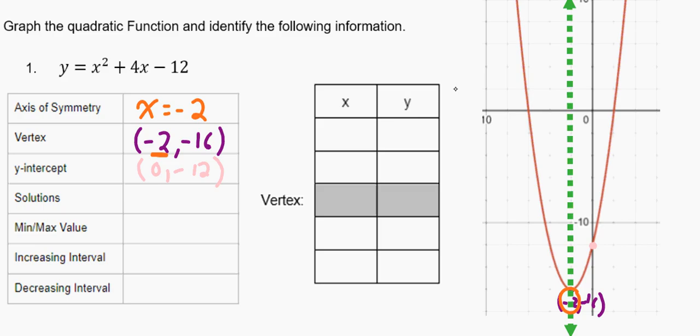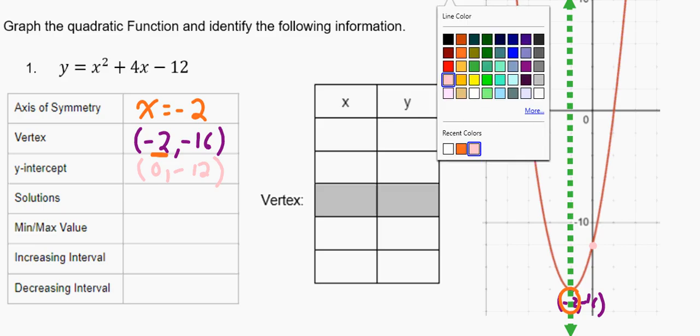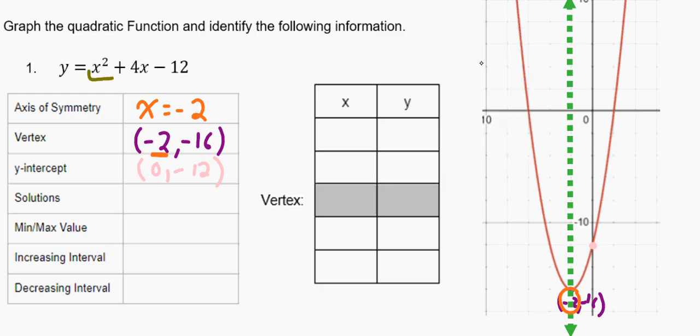All right, solutions. Solutions really means if we set this equation equal to 0 and solved, what would we get, right? We also know that we could call solutions x-intercepts. They both mean the same thing. So let's head over to DESMOS, because with mine you can see this is -2, -4, this is -6.